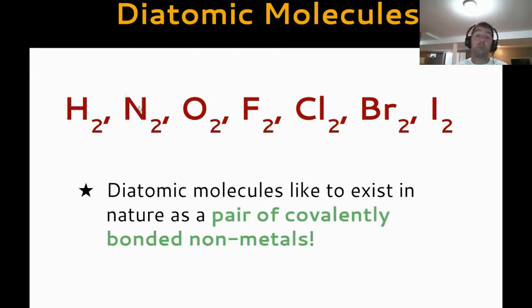This one's made of 2 nitrogens bonded together, and so on. These are diatomic. So anytime you have any of these elements, they will never be just by themselves. You will never see just one atom of hydrogen. You might either have 2 atoms of hydrogen bonded together, or hydrogen will be bonded to some other element.